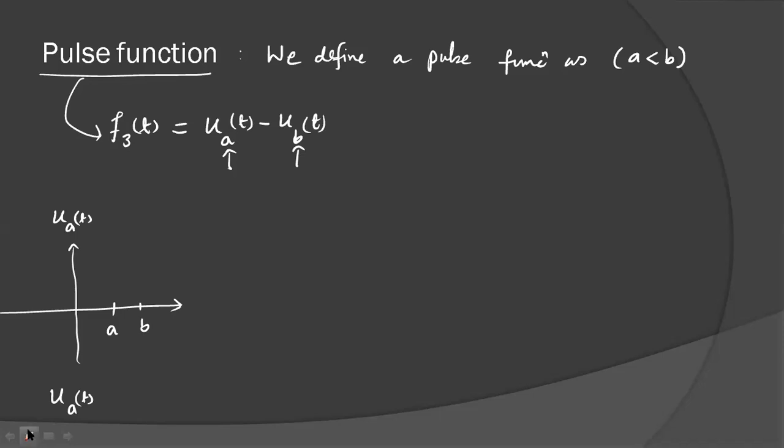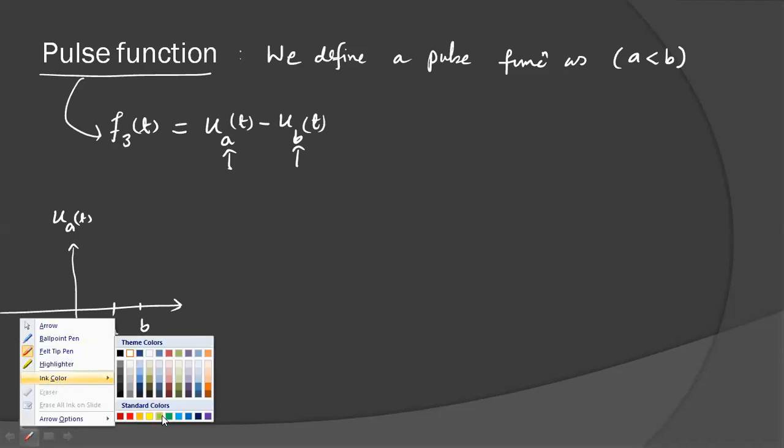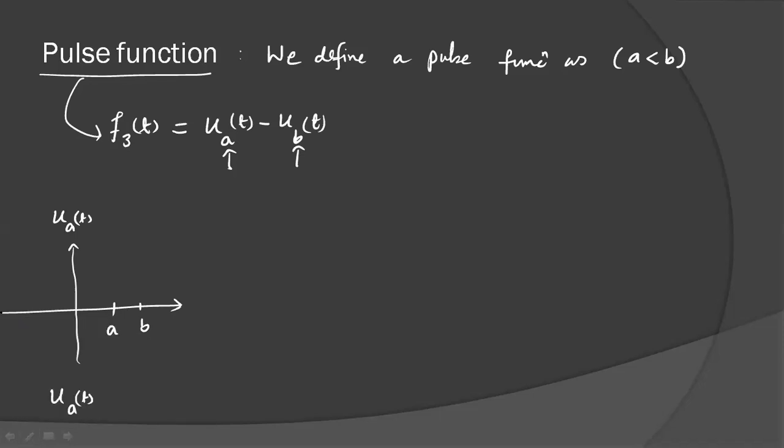So remember, up to t equal to a, the value of the function is 0. At t equal to a, the value of the function goes to 1. So this is the graph of u_a(t).